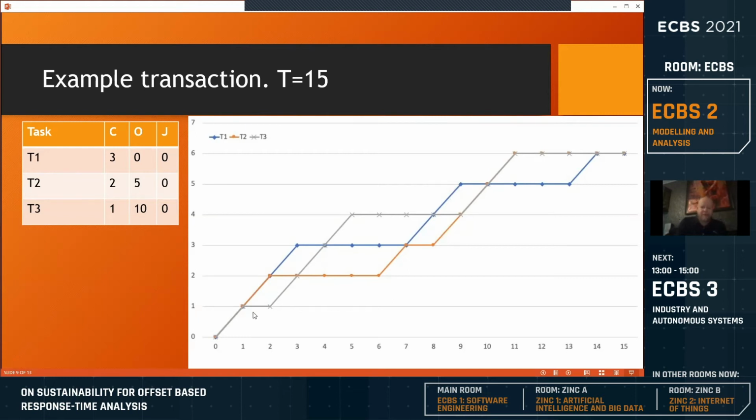And then we have to do the same with task 2. It's the brown line here. And the same with task 3. And then we have to take the maximum to get the demand bound function for this transaction.